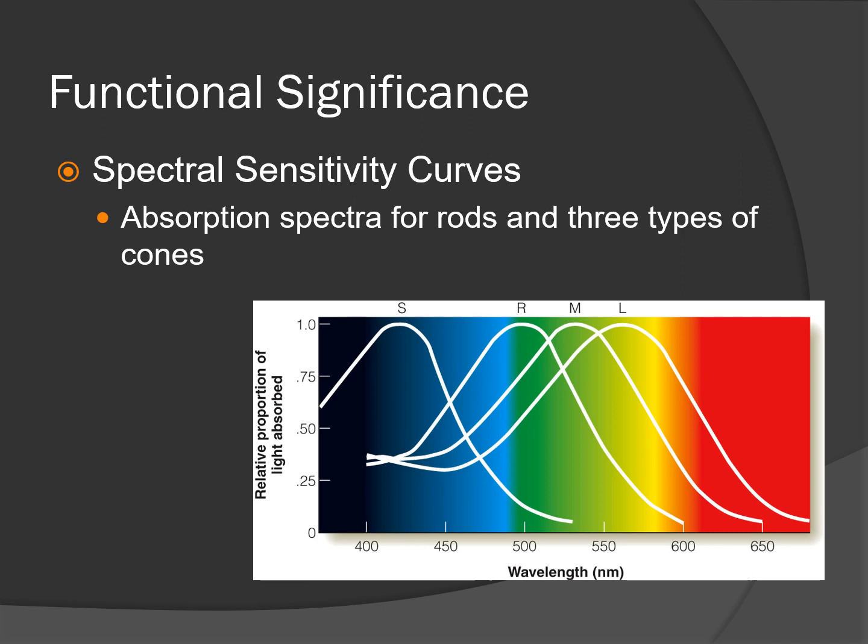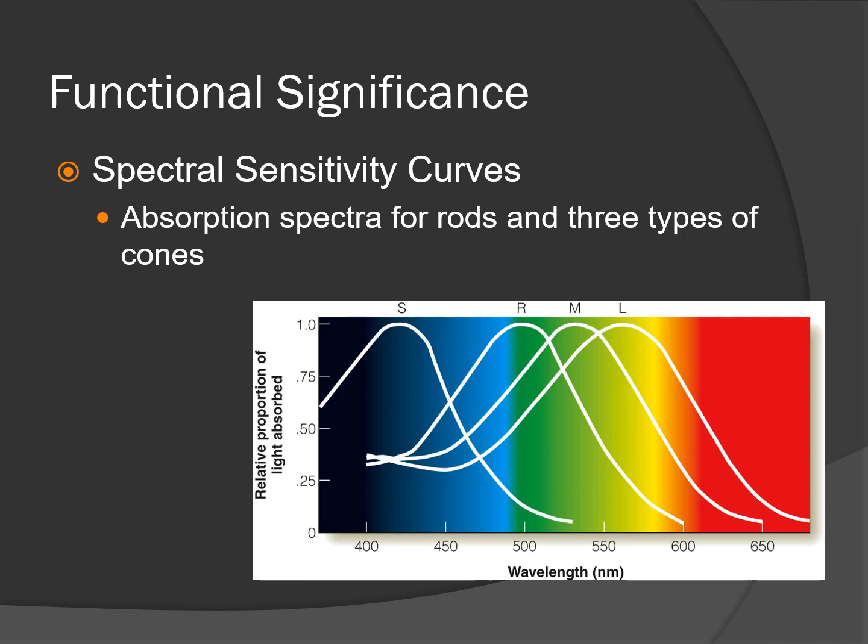Short wavelength cones, marked with an S there, respond maximally to about 419 nanometers. Medium wavelength cones, marked with an M, respond maximally at 531 nanometers. And then long wavelength cones do the best absorption at 558 nanometers.